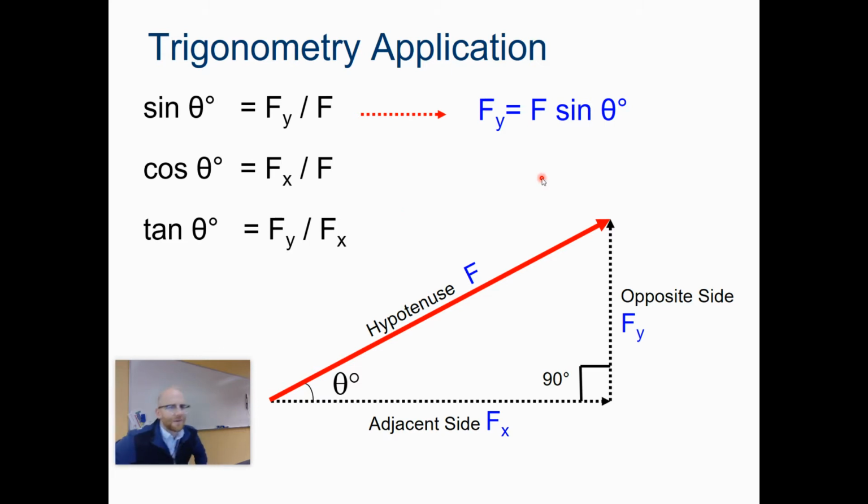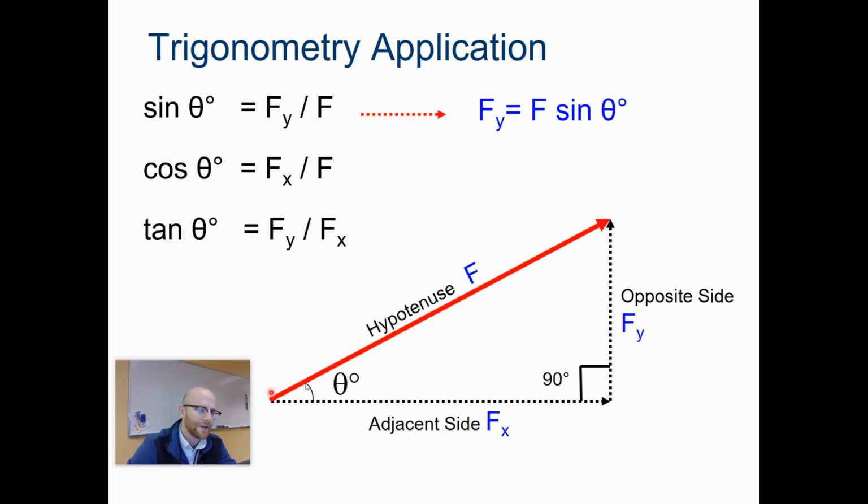And then with a little algebra magic, if I know two of these things, meaning if I know the force of the hypotenuse and I know theta, the angle, then using sine, I can come up with the force on the y-axis. I can just get F_y by itself: the magnitude of the vector times sine theta is going to equal the force in the y direction, or y-axis.